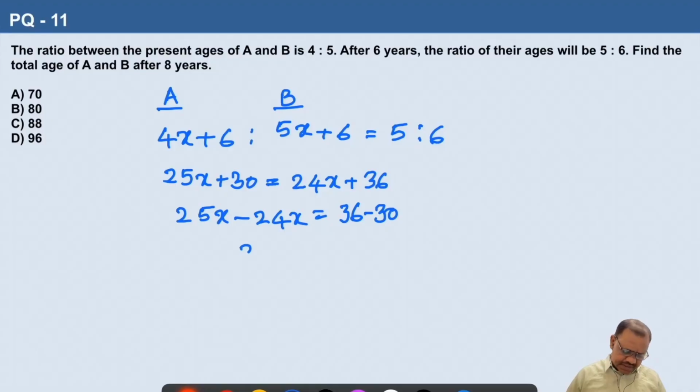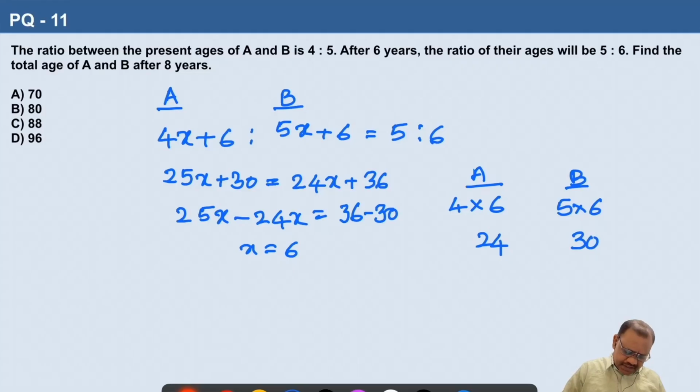So x is equal to 6. What are the present ages now? A is 4x, 4 into 6. B is 5x, 5 into 6. 4 into 6, 24. 5 into 6 is 30.